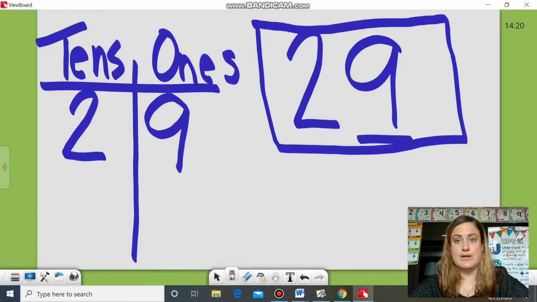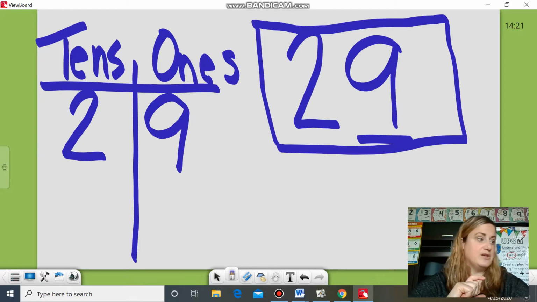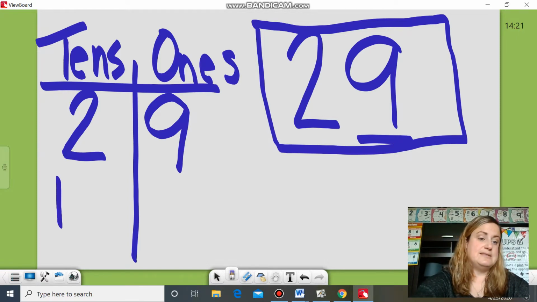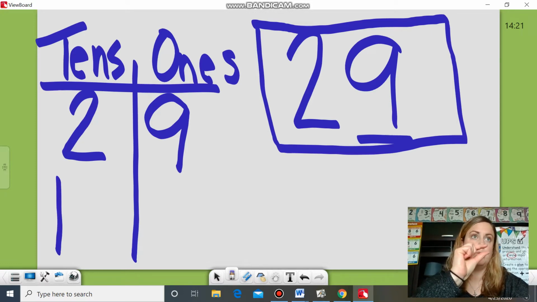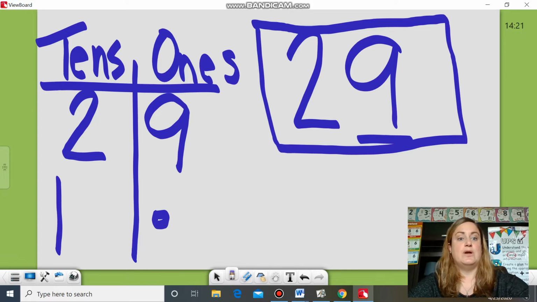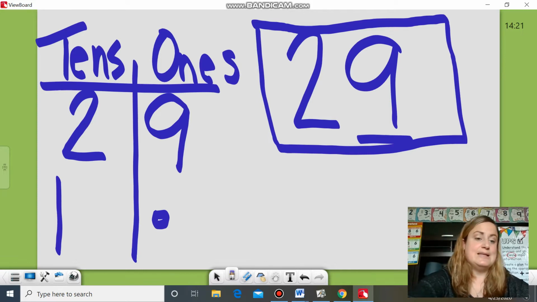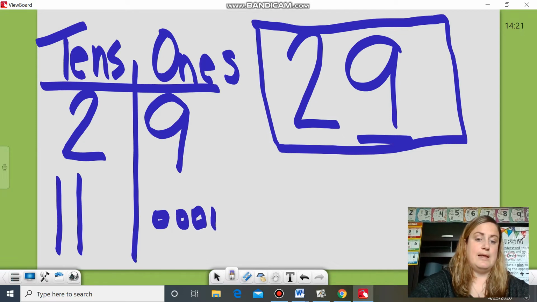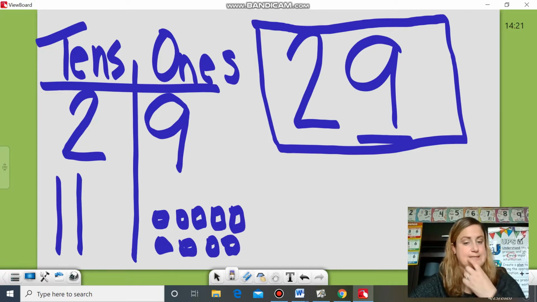And if you remember, when we talked about tens and ones, we had our place value blocks. We had tens, which were 10 cubes stacked up together. That makes a 10. And our ones were the small cubes. So for 29, I would need 2 tens and 9 ones, just like this.